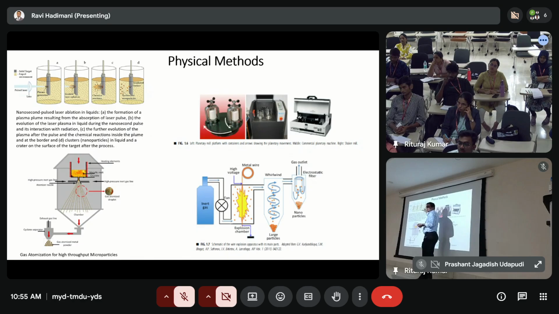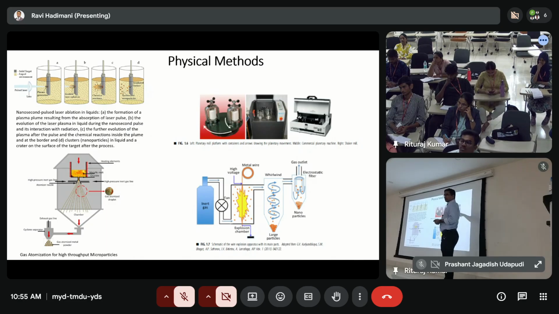Yield rate might be small, depending on the energy of the laser. Very high yield rate if you use ball milling, right? So we made our nanoparticles using ball milling.